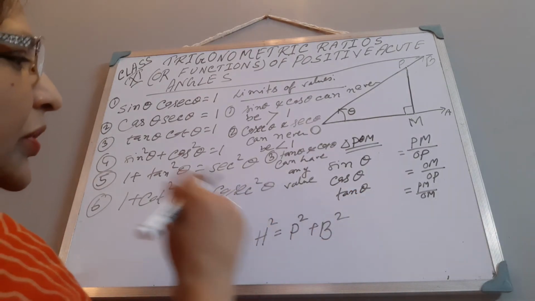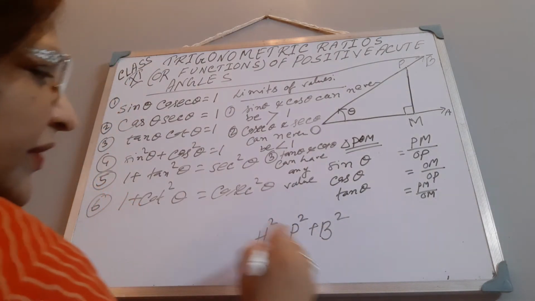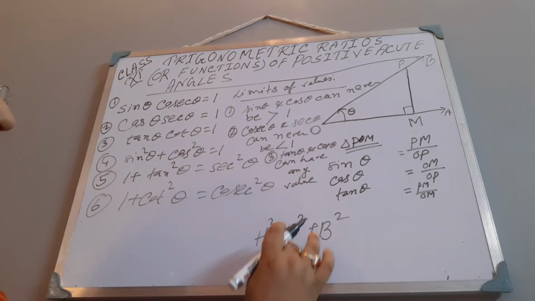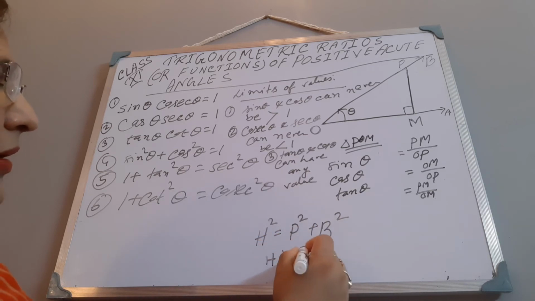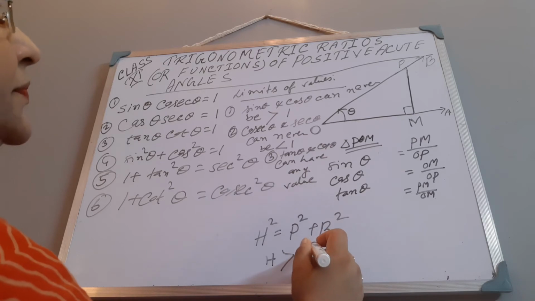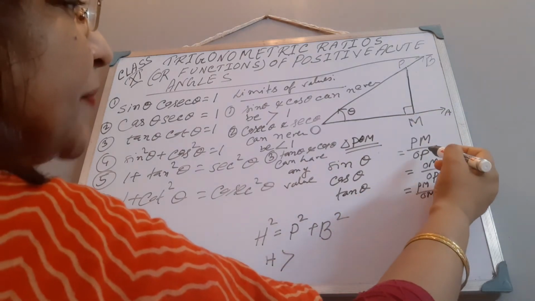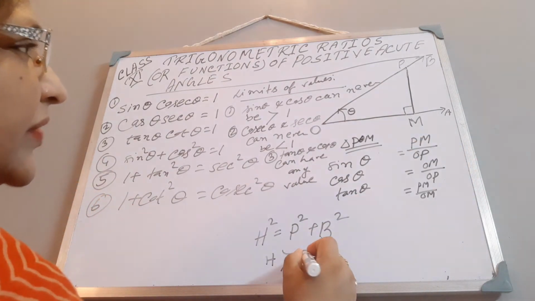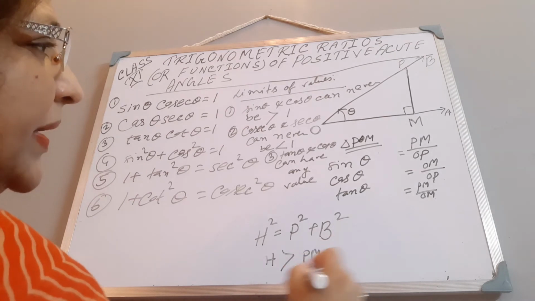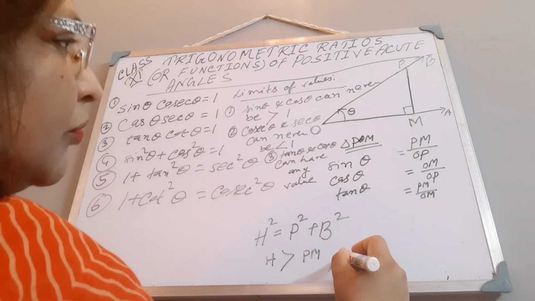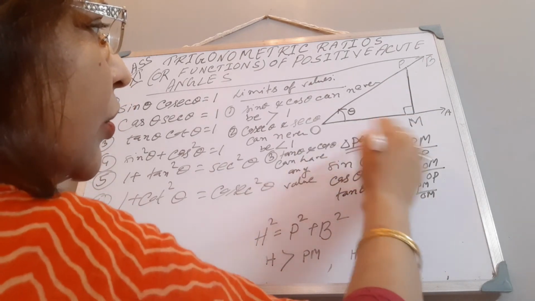Since this is the square of something, the hypotenuse will always be greater than PM, or greater than OM.